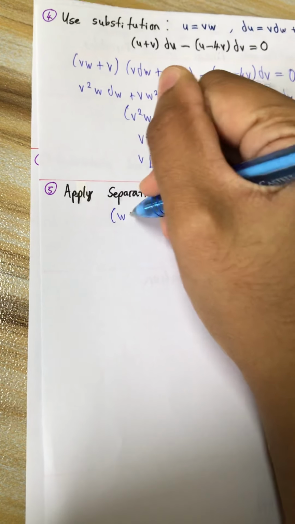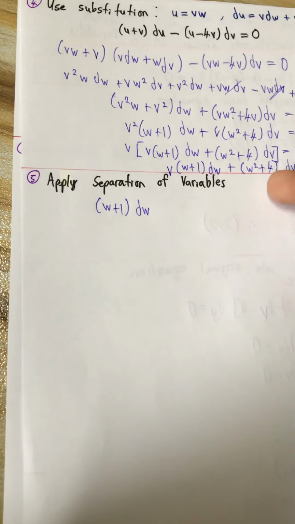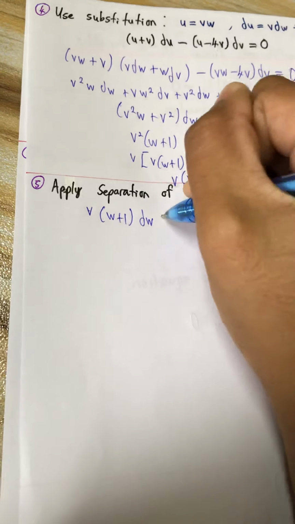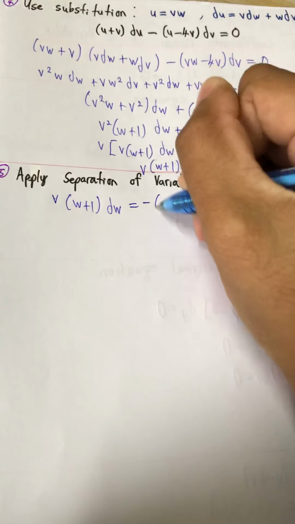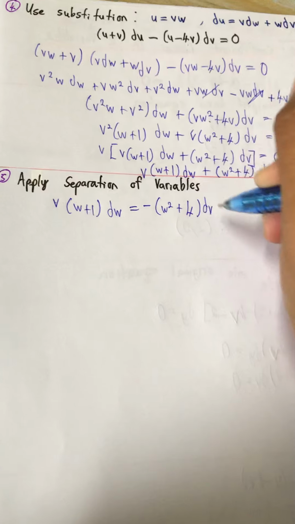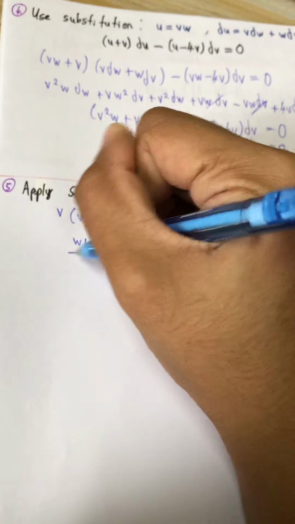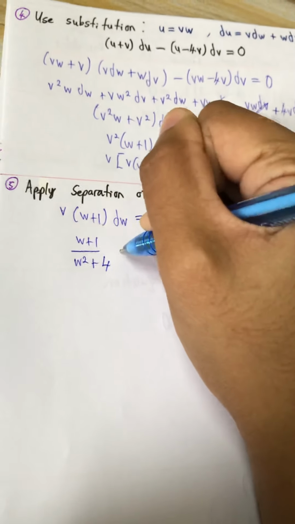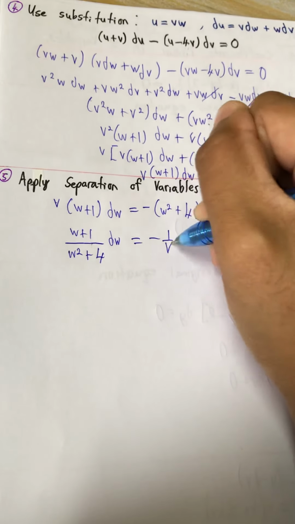We move the w part to the right side first: minus (w square plus 4) dv, and then this one can bring to this side. So (w plus 1) over (w square plus 4) dw equals minus 1 over v dv.